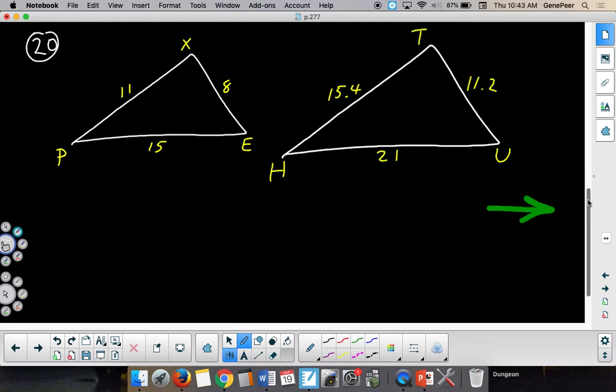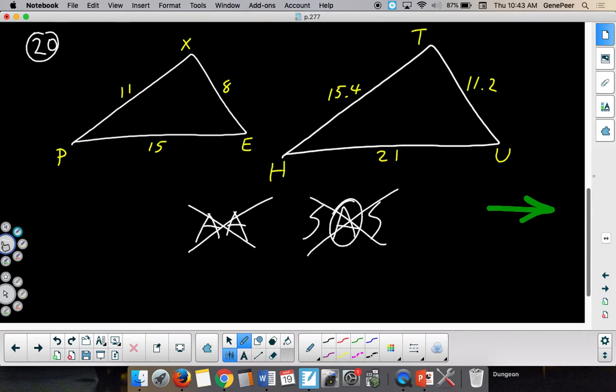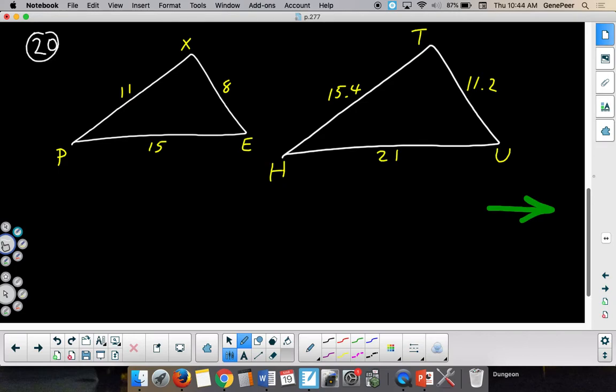No, nothing about angles. They told us the lengths of all three sides for both triangles. If they gave us no angles, it certainly can't be AA. It certainly can't be SAS because they gave us no angles. So the only remaining possibility, it's going to be SSS or nothing. SSS or nothing. So we need to check it out and see if it works.